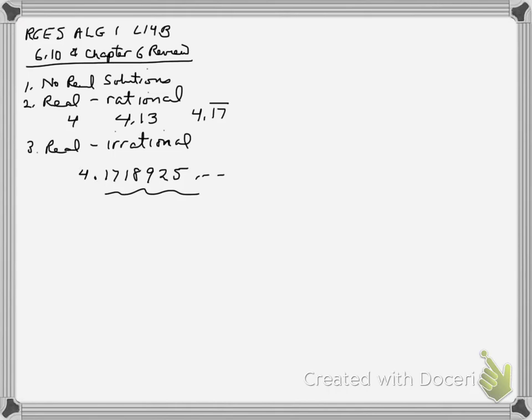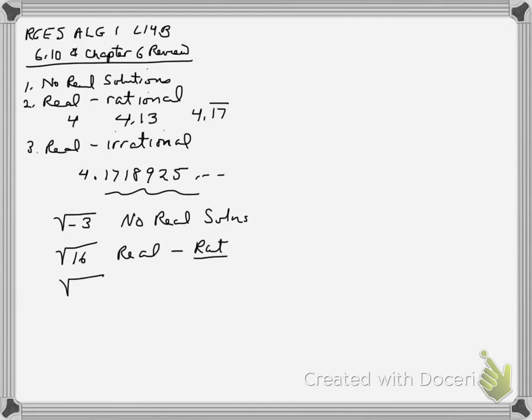And so if we took the square root of a negative number, that would be no real solutions. If we took the square root of 16, that would be a real solution that is rational. And if we took the square root of 37, that would be a real solution because it's positive, but it would be irrational. And you can always check that with the calculator. So that's the review there.